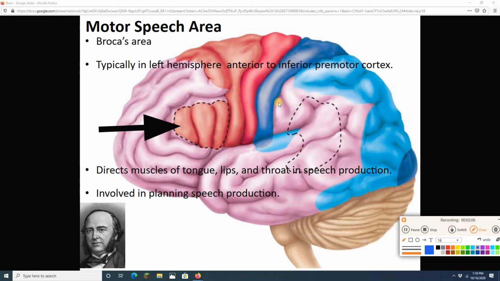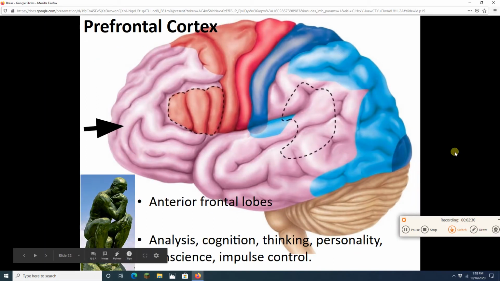Whether you're right-handed or left-handed, for most people, the dominant hemisphere is the left hemisphere. It's on the left. It's not on the right, which is really super interesting. Okay. That's Broca's area. Don't want to damage your Broca's area. Definitely not. All right, let's keep on going.